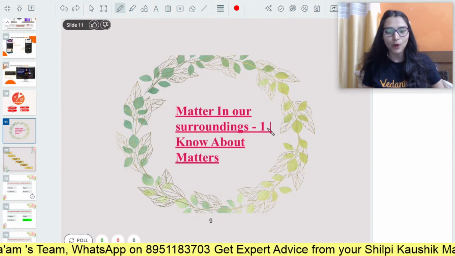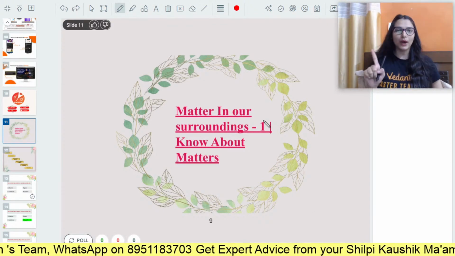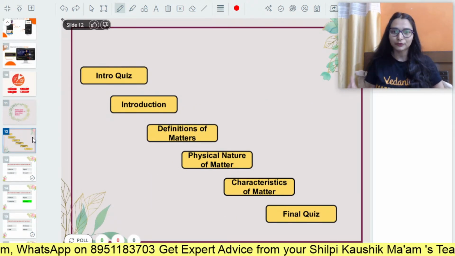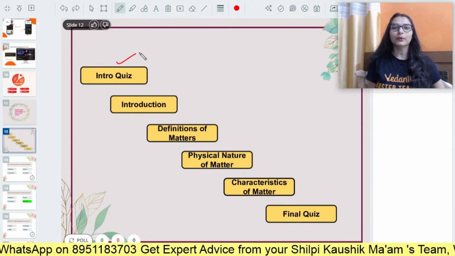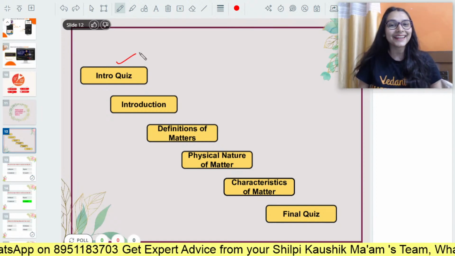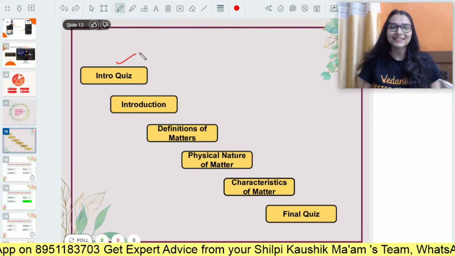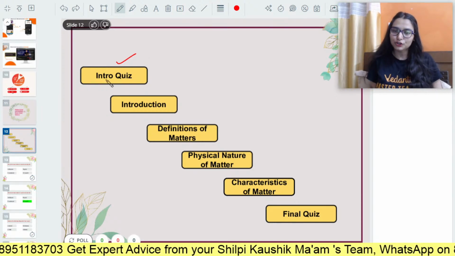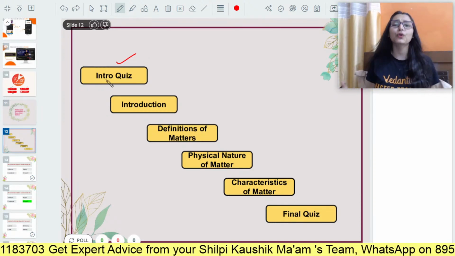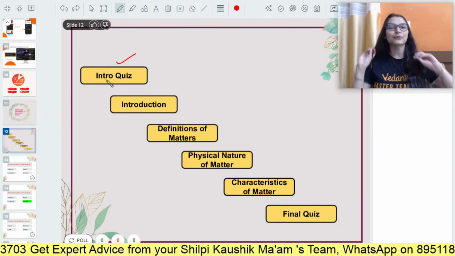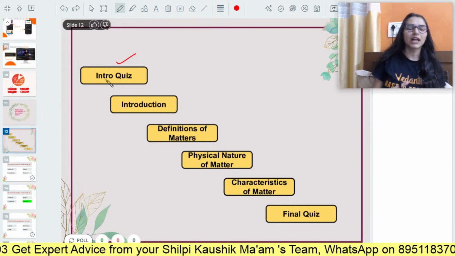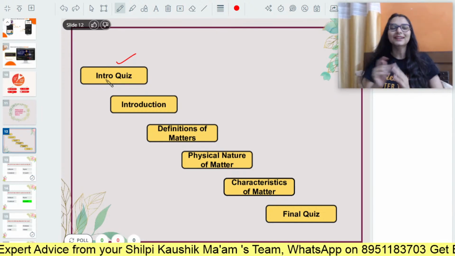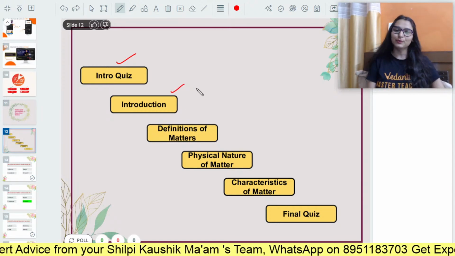Matter in our surroundings. Class number 1. Know all about the matter. So what is the session flow today? First of all, we are starting with a quiz. There are 2 quizzes in the session. First, an intro quiz to know some basic points, how much you've learned in your last grade, and whether you are ready to start with matter.